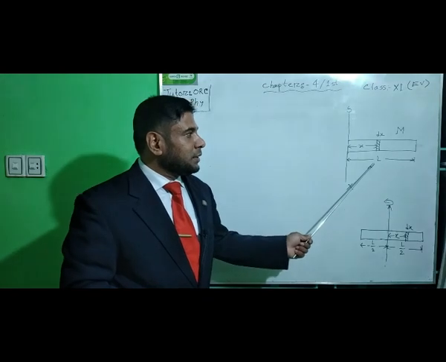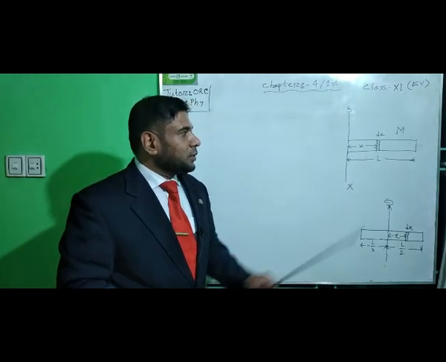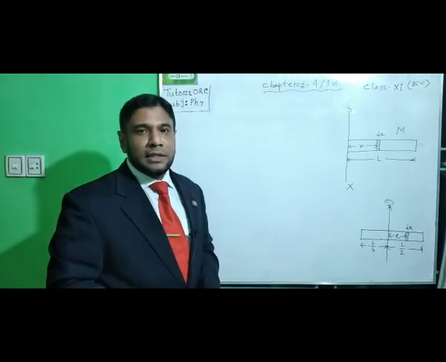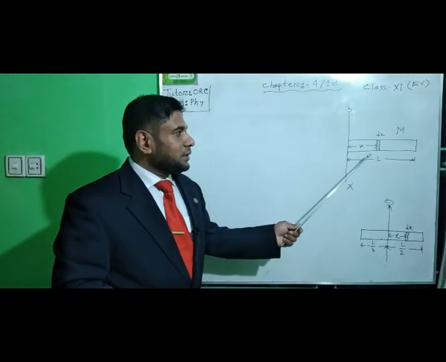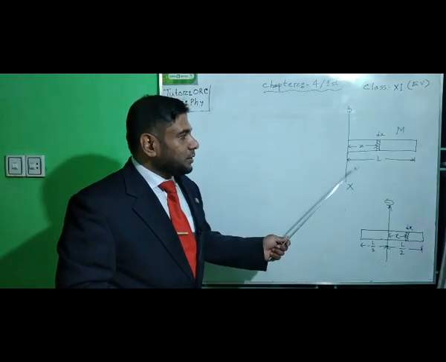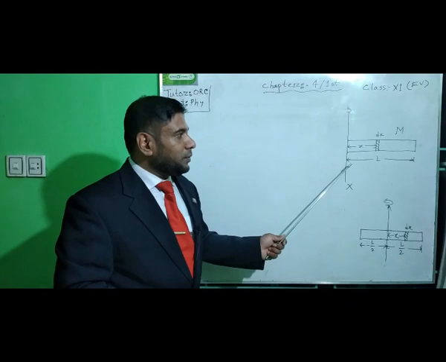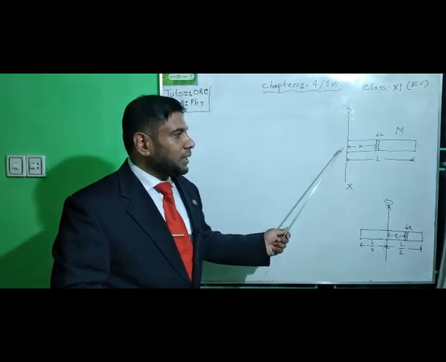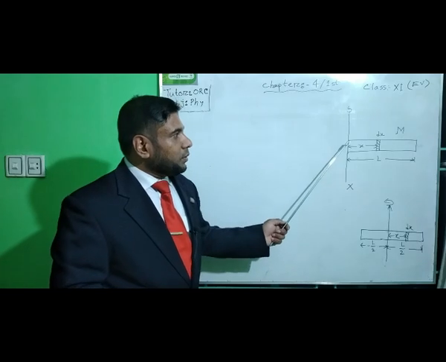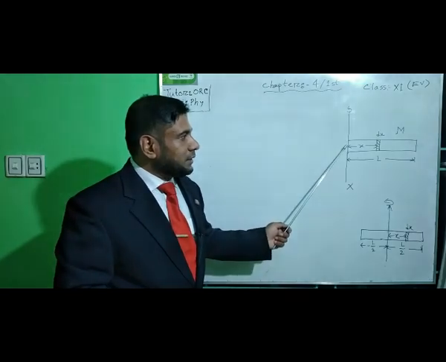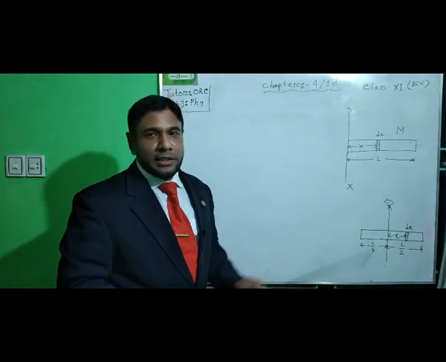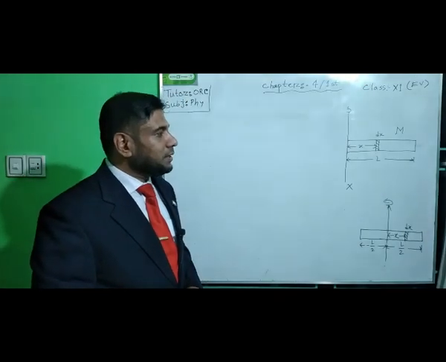So from this information we can easily find out the mass per unit length of this thin rod. First of all we will find out the radius of gyration and moment of inertia about an axis passing through an edge of the rod and perpendicular to the length of the rod. So now let us start.